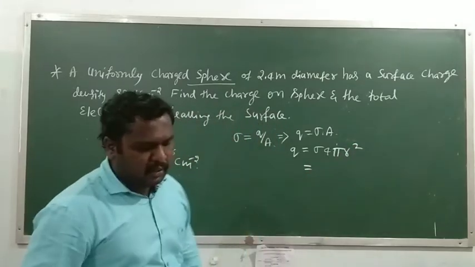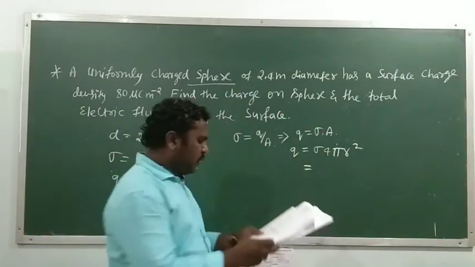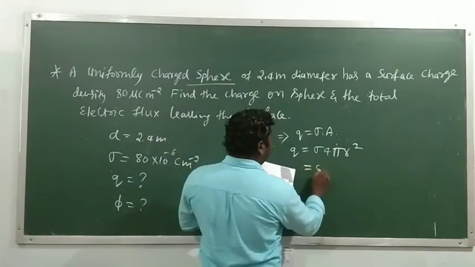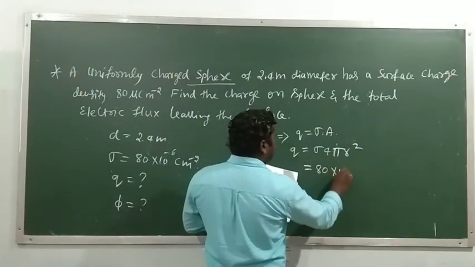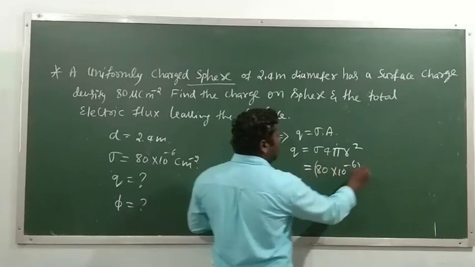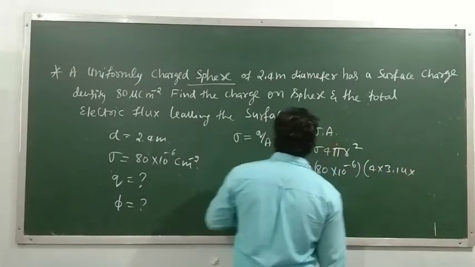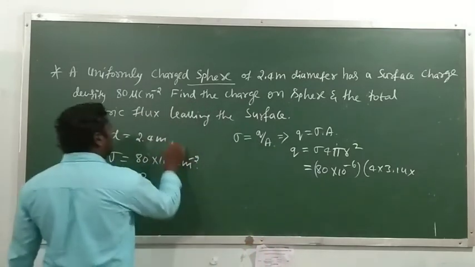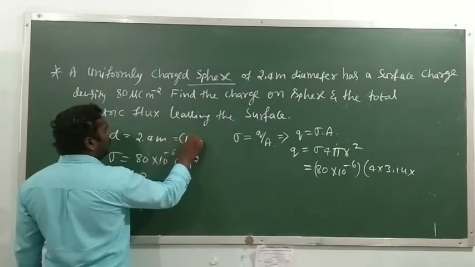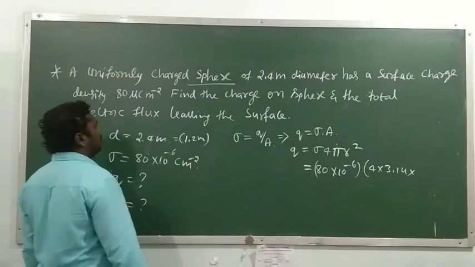What is the sigma value? They provided the sigma value as 80 into 10 power minus 6. So here we have 4 into 3.14 into, what is the radius value? It will be 1.2 meter, isn't it?